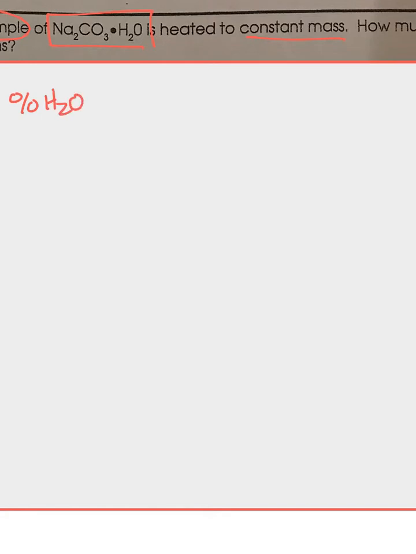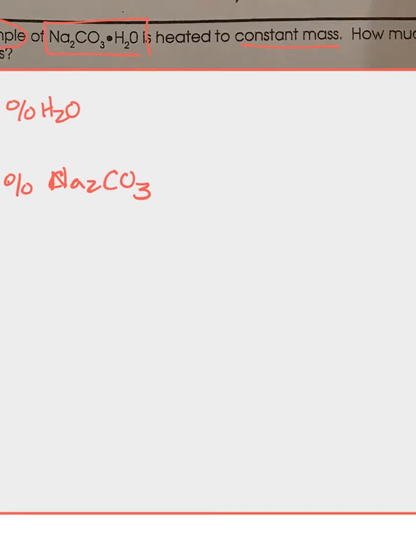If we could find the percent of water, you'll remember that percent always has to add up to 100. So if we have the percent of water, we will also have the percent of Na2CO3. So let's figure out what the percent of water is first. Hopefully this works. All right, so here we have it. We've got Na, there's 2 of them at 23 apiece.